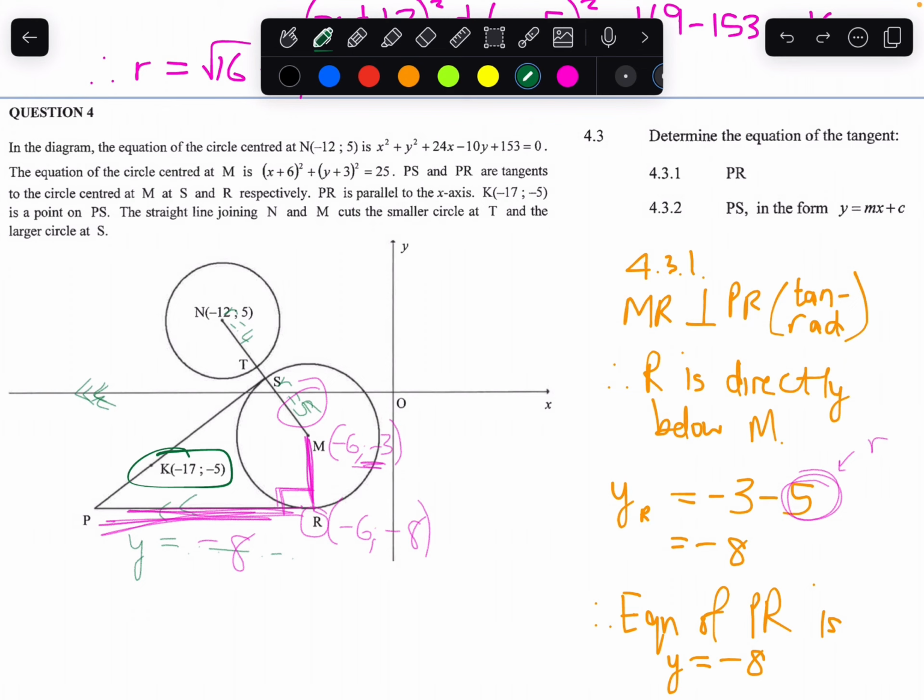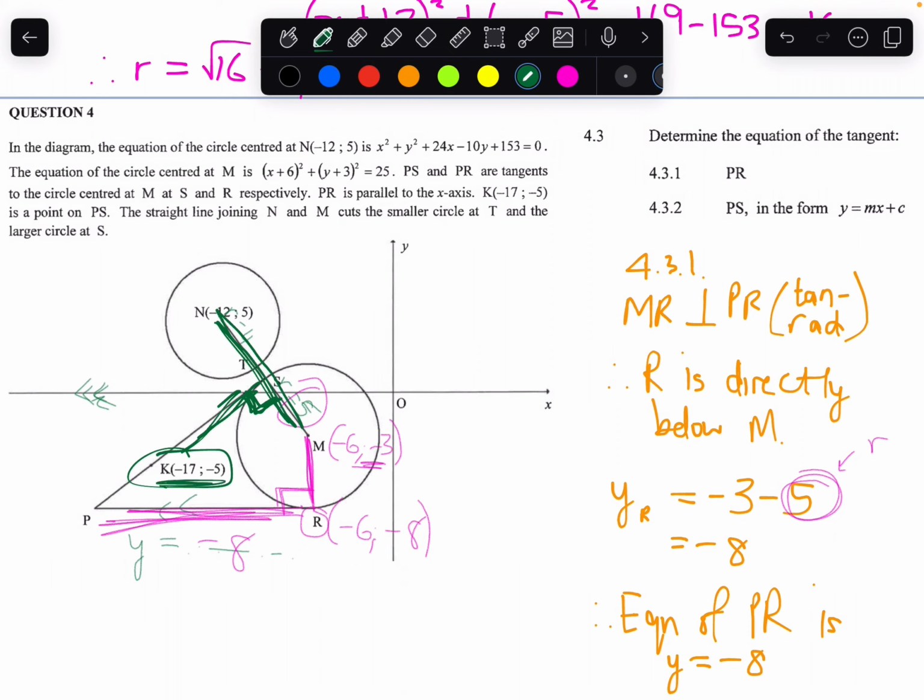Okay, so again, tan rad, we have two perpendicular lines, which could allow us to get the gradient of this line, because we have 2 points, so we can figure out the gradient of that line, which will help us figure out the gradient of this line, which will be one piece of the puzzle solved.